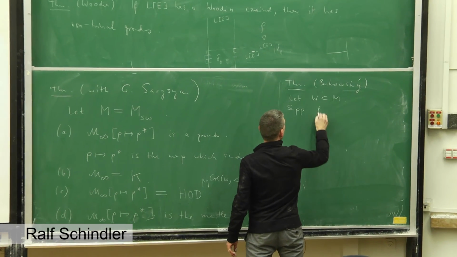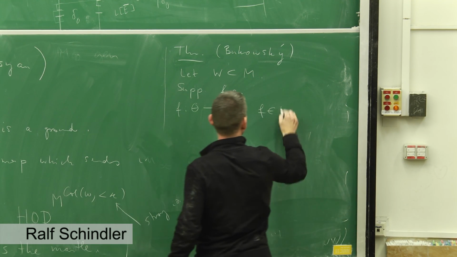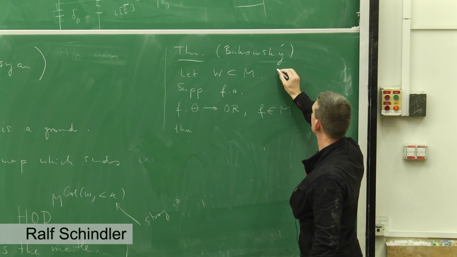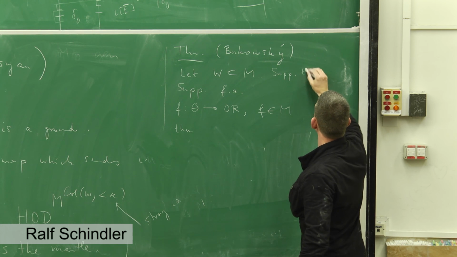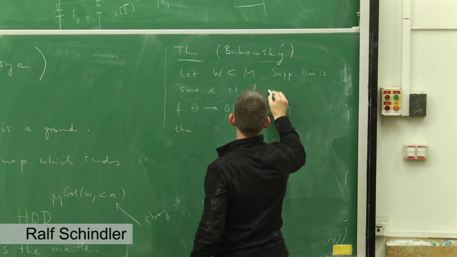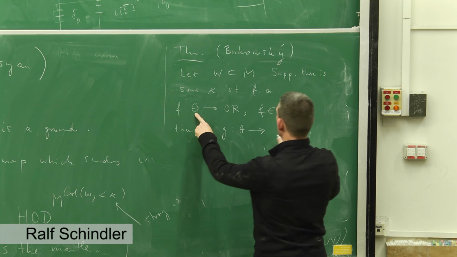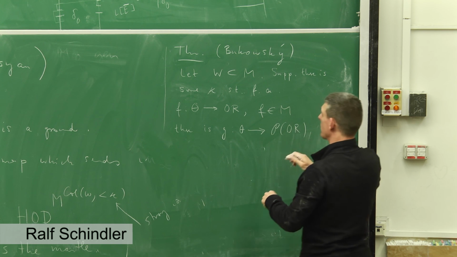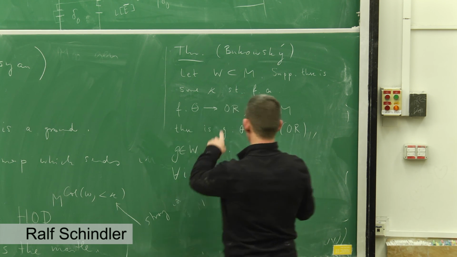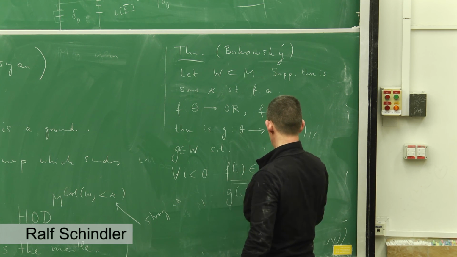Suppose for all functions f from, let's say, an ordinal to the ordinals, where f is in M, there exists a cardinal kappa such that for all such functions there is a guessing function g in W, mapping to sets of ordinals, such that for all i less than theta, the value of f at i is guessed, meaning f(i) is in g(i), and g(i) has size less than kappa.